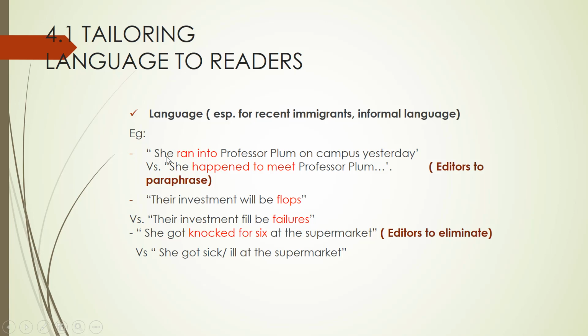However, for the native speaker, we can still say she ran into Professor Plum, and the native speaker can still understand this one. Similarly for the use of flops and failures, and not for sick and got sick. So we can either paraphrase or eliminate words which are hard to understand for immigrants or non-native speakers.